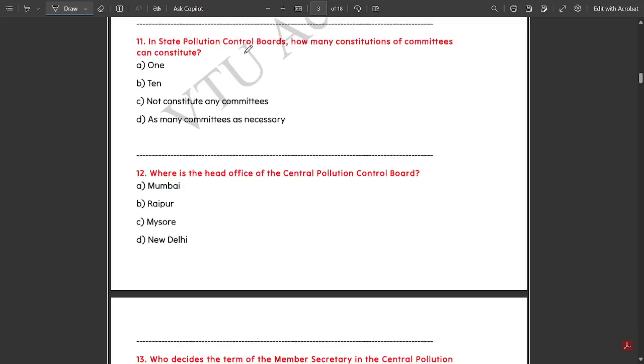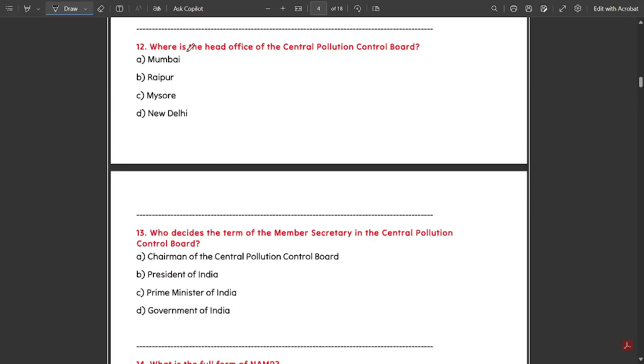Next question: how many committees can a state pollution control board constitute? The answer is as many committees as necessary. It depends on how many committees the boards find sufficient. Next question: where is the head office of the Central Pollution Control Board? The head office is in New Delhi.